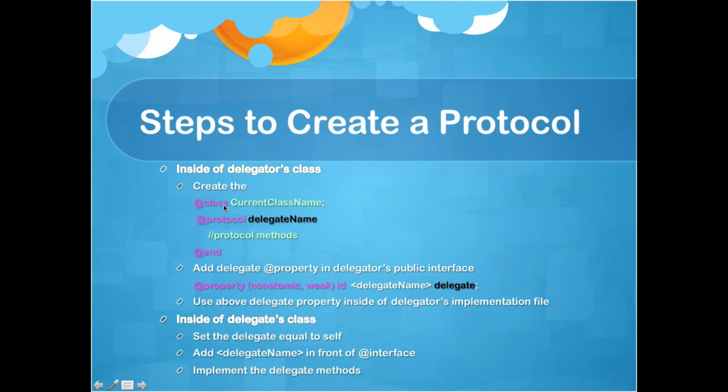At first, inside of the .h file, the header file, we have to say @class and the current class name, which here is AddContactVC, and then @protocol and the delegate name, whatever name we want, and some methods that relate to this protocol that we want to do, and then @end. So let's do this step and then come back.